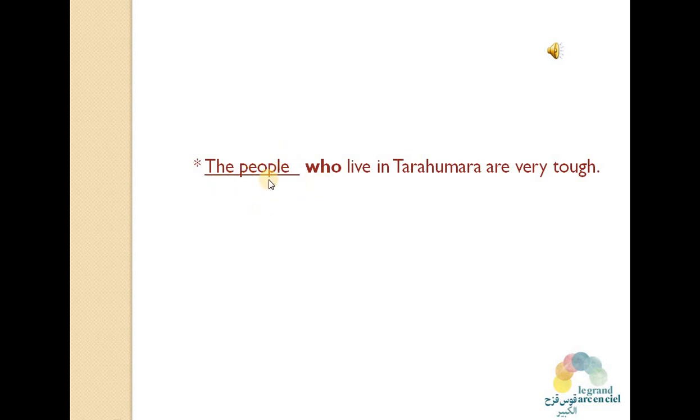The people, subject of the whole sentence, who live in Tarahumara, who is subject of the relative clause, are very tough. So the relative clause here is essential. Without it, we wouldn't know which people we are talking about.